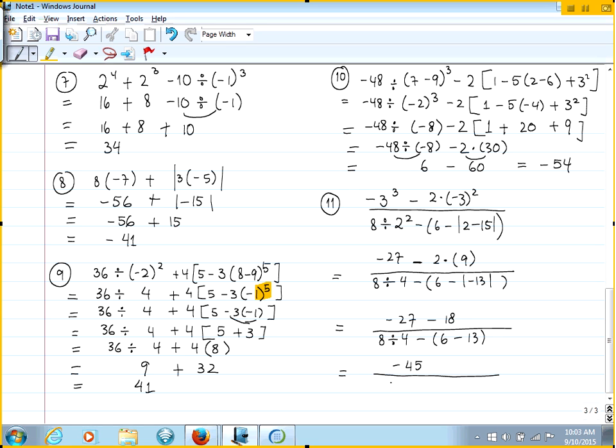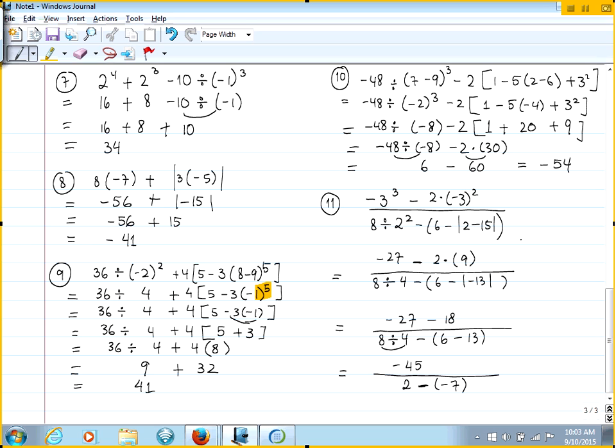Okay. Now let's do the parentheses. Oh, we could do this one also. Right? What is 8 divided by 4? 2. And then what is 6 minus 13? Negative 7. Yeah?